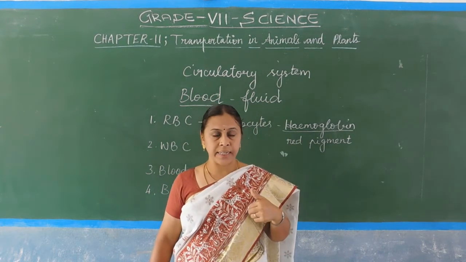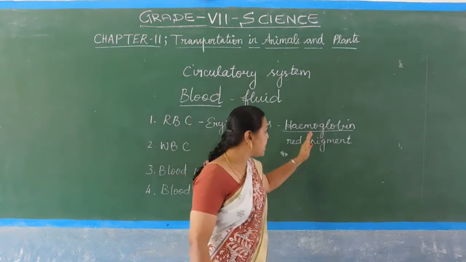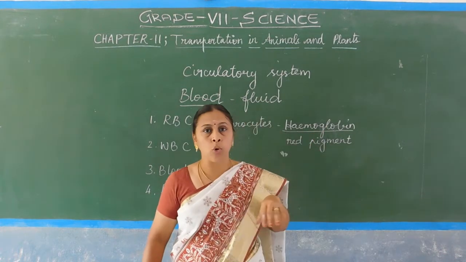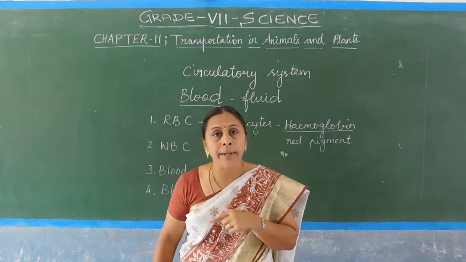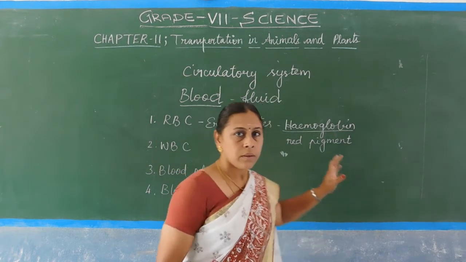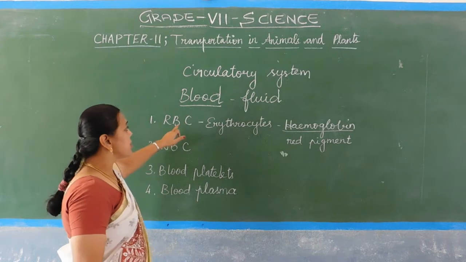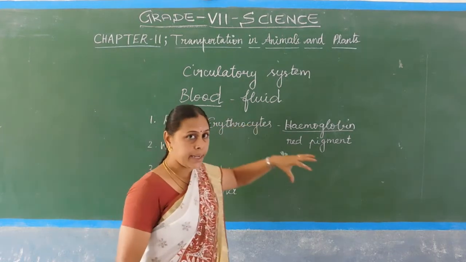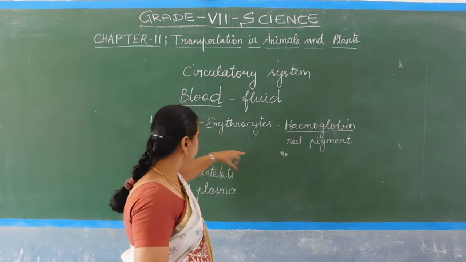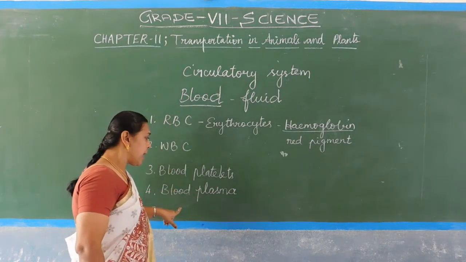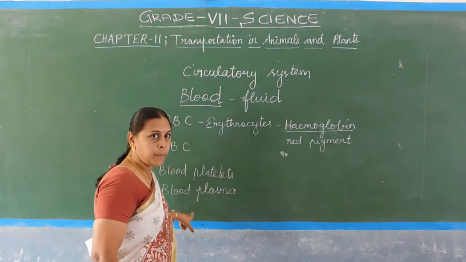The oxygen from the respiratory system combines with this hemoglobin to form oxyhemoglobin and it is circulated throughout the body. Is it okay? So in the blood different types of cells are embedded. That is RBC, WBC, blood platelets and blood plasma.